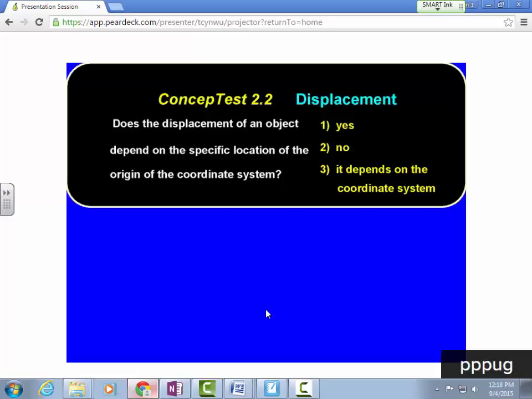Well, no matter where the origin is, you'll be starting from there, right? I think the answer is no, because as long as it's the same distance, it doesn't matter where the origin is.